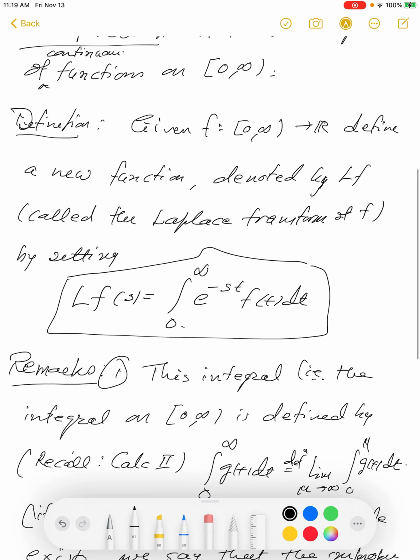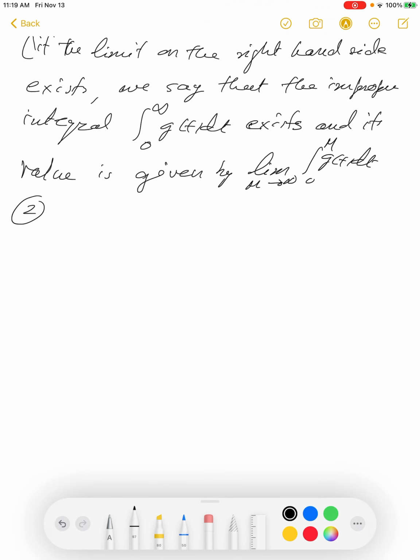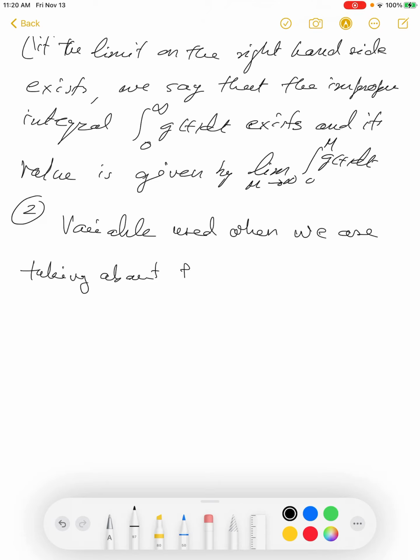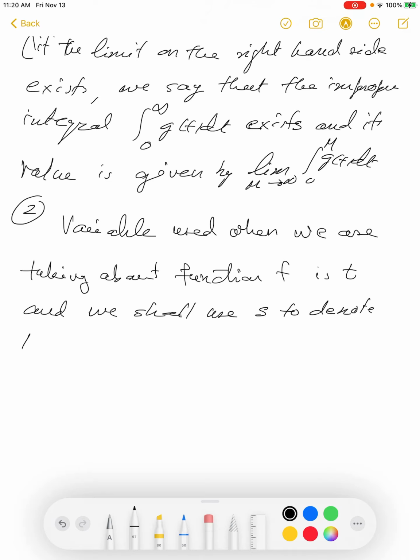Second point is, what are we doing to find L of f? Because your function f and L f both are functions, I will denote the variable by t when it is referring to function f, and when you are talking about L f, we shall use the variable s.